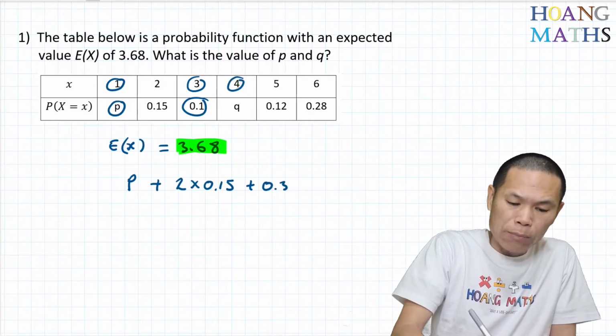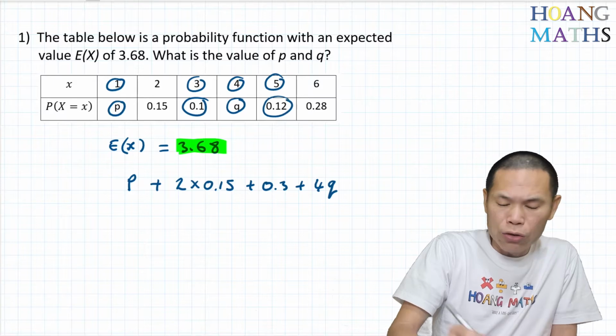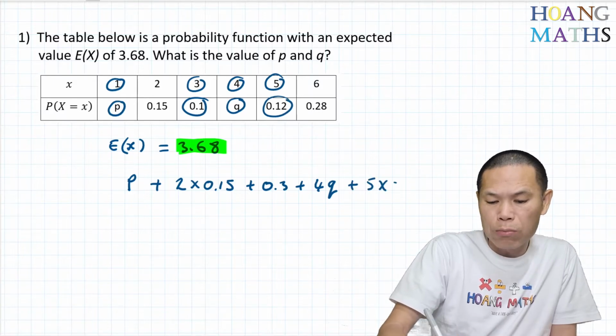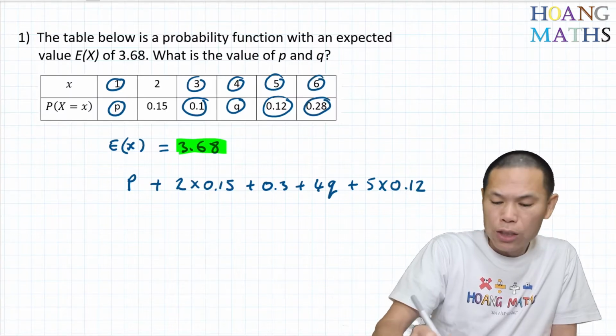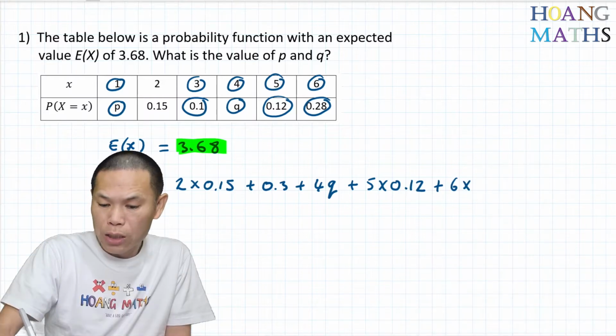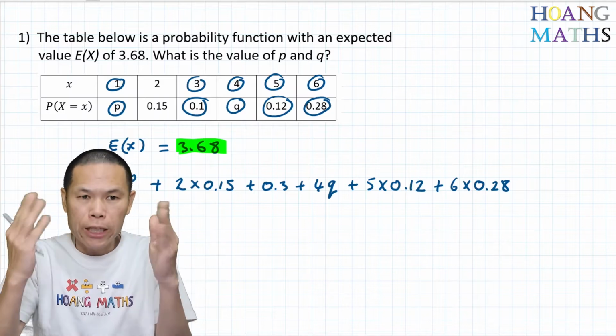And we have 4 times Q, that gives me 4Q. And we have 5 times 0.12, and we have 6 times 0.28. That is how we work out the expected value.